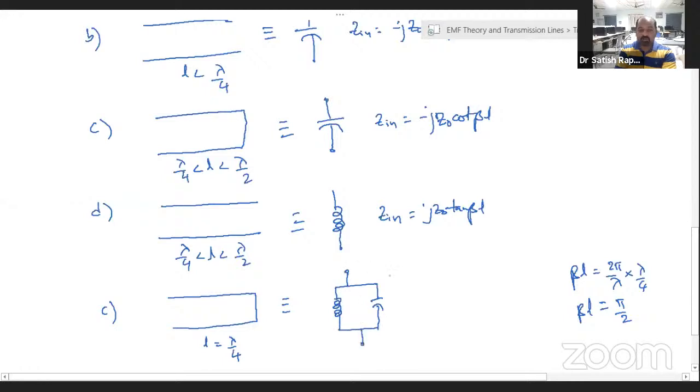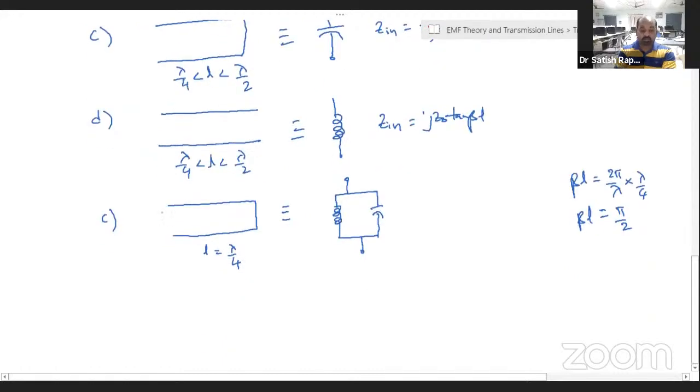And similarly, if the transmission line is open circuited and the length is equal to lambda by 4, then the equivalent circuit is the series combination of inductance and capacitance, right?